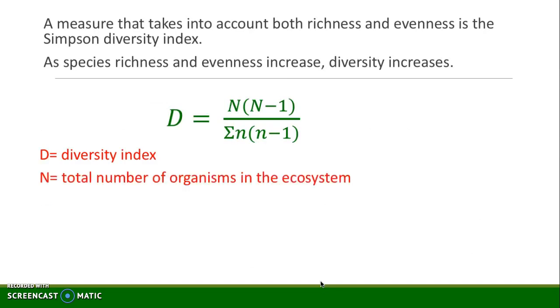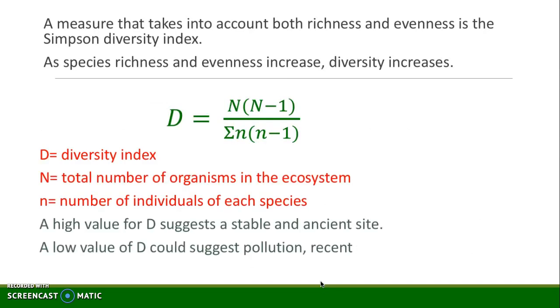So these are the numbers we get. Taking a look, we have D equals N times N minus 1. The capital N is the total number of organisms in the ecosystem, and the lowercase n is the number of individuals of each species. At the bottom we have the sum.